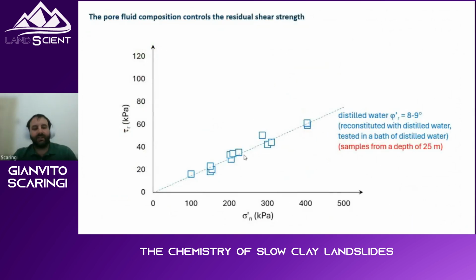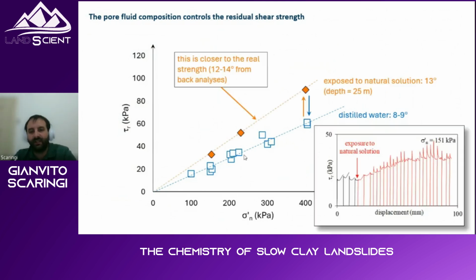Now, I've already shown you results of shear tests, but I would refer to them again, specifically to the case of this landslide. In this material, which is not a monomineral, the friction angles in distilled water, which we evaluate in the laboratory, are 8 to 9 degrees.